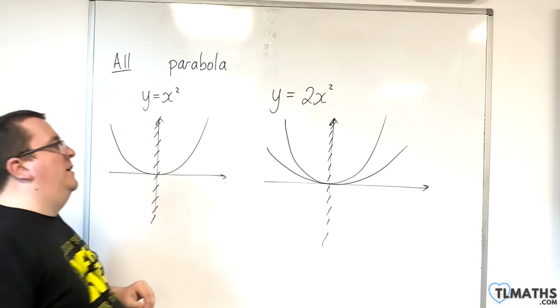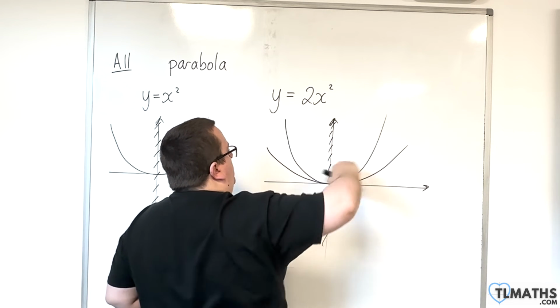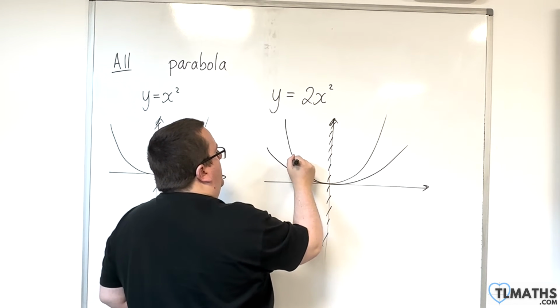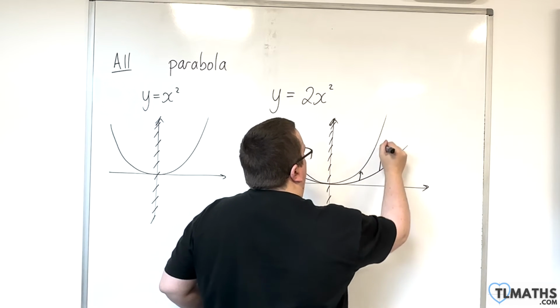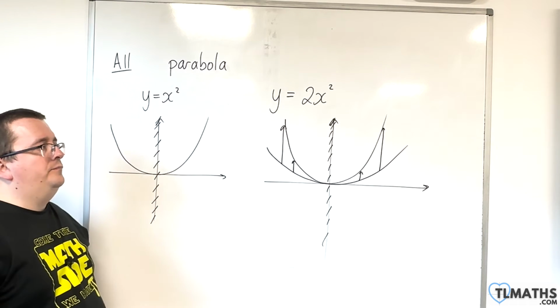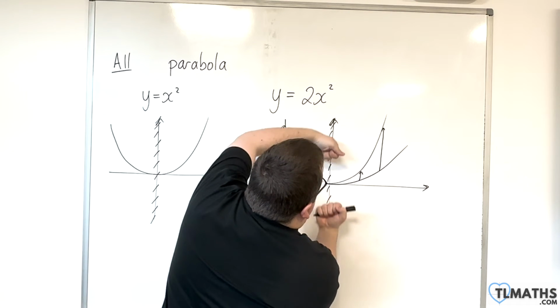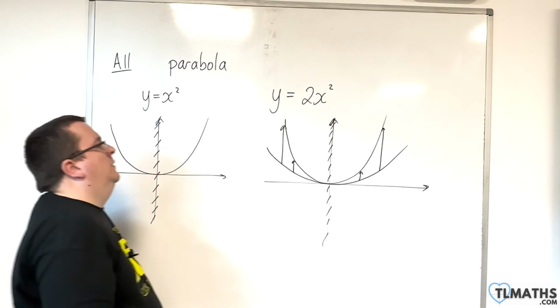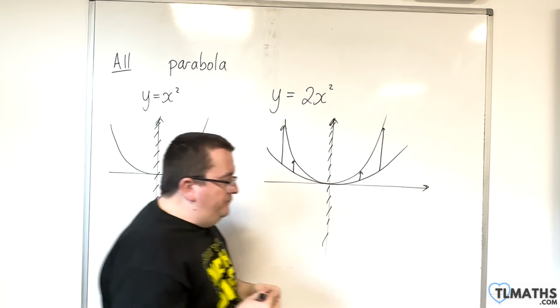Okay, so it'll be shallower. And this one, our y equals 2x squared, is a result of stretching y equals x squared, like so. Okay, so stretching it in this direction. And yes, it is still a parabola.